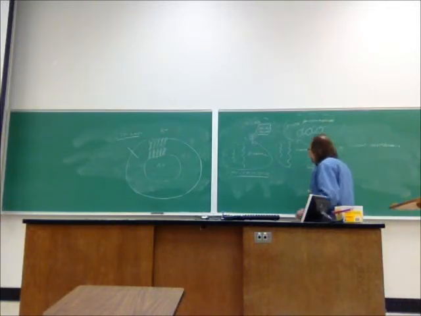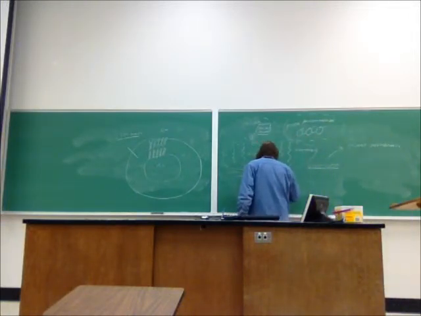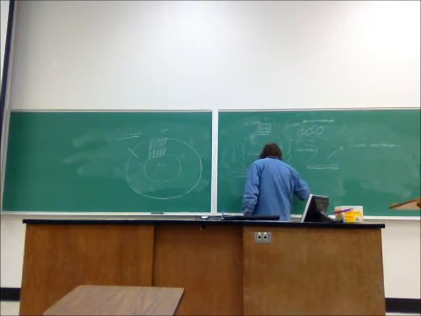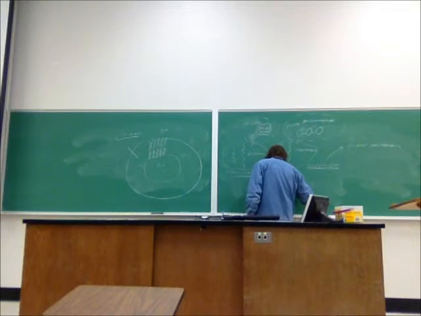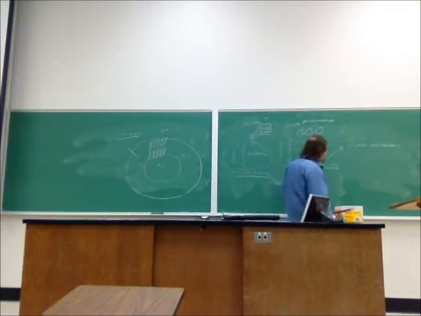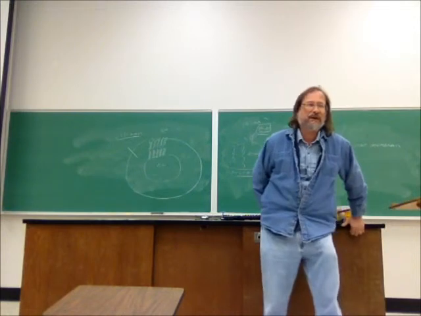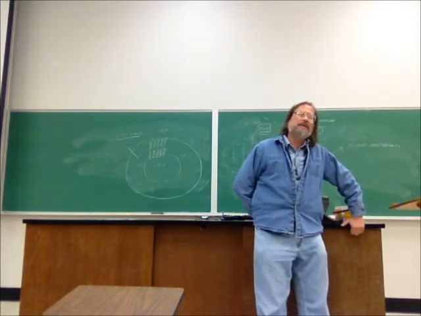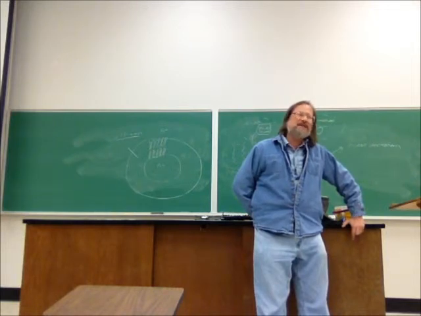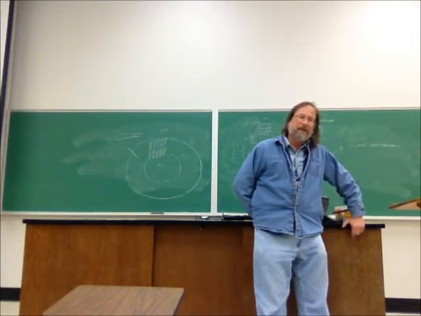Now, in animals, the majority of the membrane lipids are phospholipids. Plants do have a significant portion of phospholipids, maybe about 20% of their membrane lipids. They're mostly glycolipids. Animals have some glycolipids, relatively minor components, but they are there.